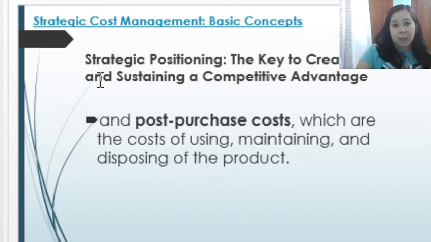Okay, so aside from that, sacrifice also includes post purchase costs. So what do we mean by post purchase costs? These are the cost of using, maintaining, and disposing of the product.